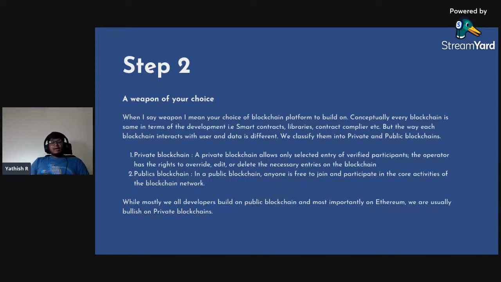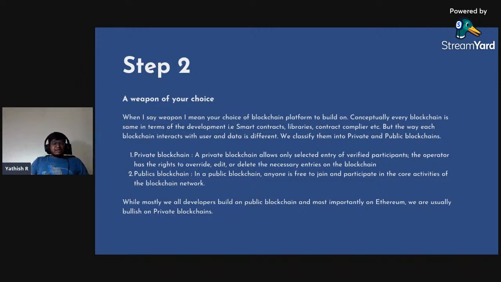On a private blockchain, only verified participants are allowed, and the operator has rights to overwrite, edit, or delete necessary entries on the blockchain. It's more like a centralized system, but it still provides the information that's needed for you to get started. It just mimics the concept of a public blockchain on your private blockchain. That's all. Still, there are centralized servers in it.